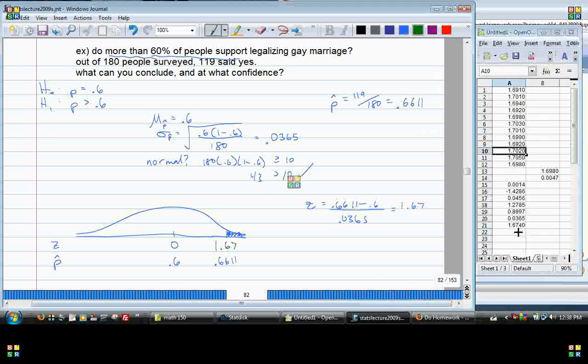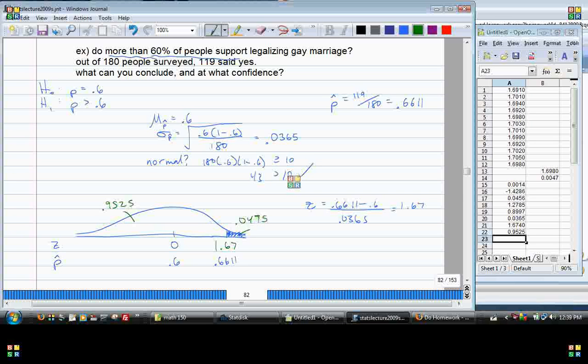And now, find the area. Equals norm dist. This is the part where at this moment you need me. So norm.s.dist of 1.67, 0.9525. So this part is 0.9525, and let's also label the tail. And how do you get the area in the tail? 1 minus. So you do 1 minus, you will get 0.0475. Now, conclusion.